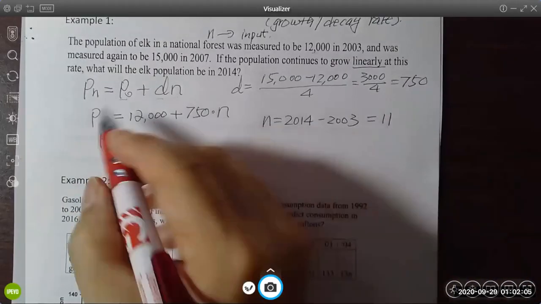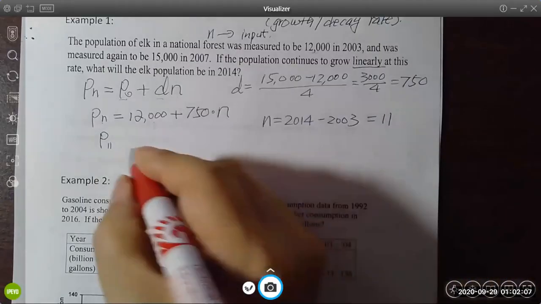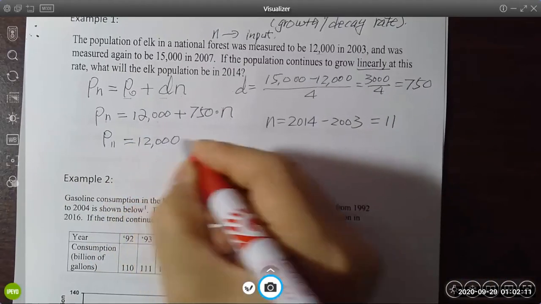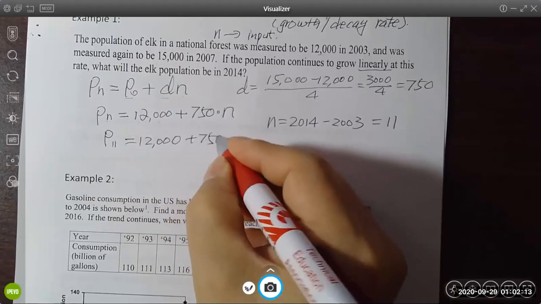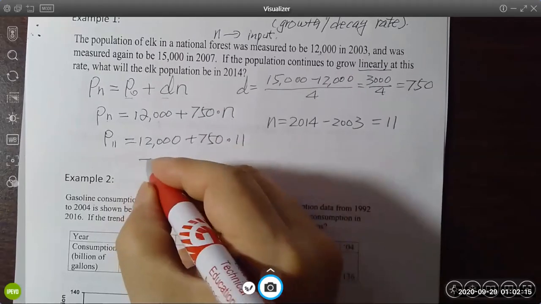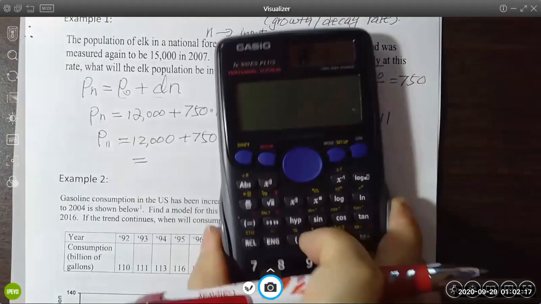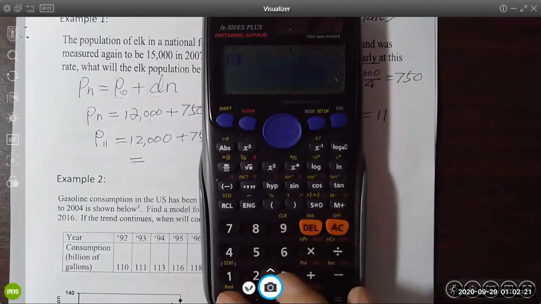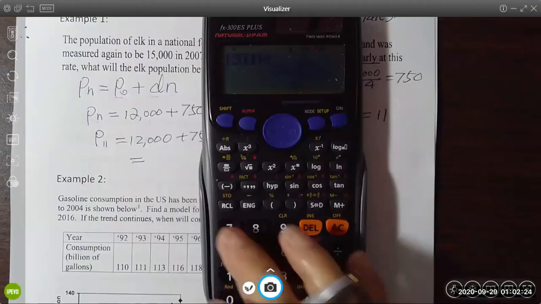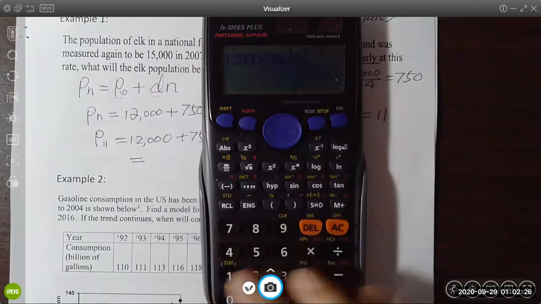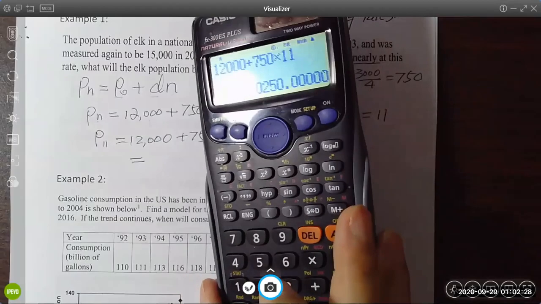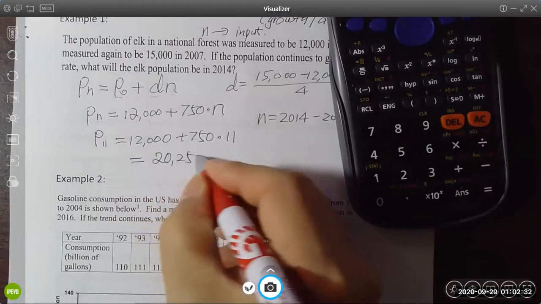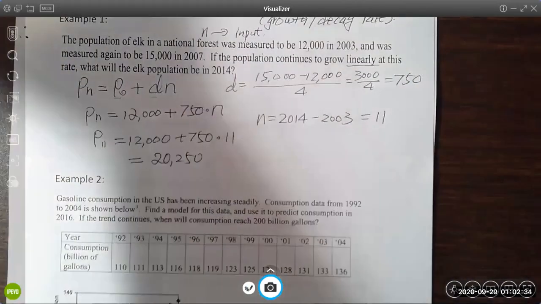This number is always the same as this number. So P11 equals 12,000 plus 750 times 11. So let's do the calculation. 12,000 plus 750 times 11 is 20,250. That's the population.